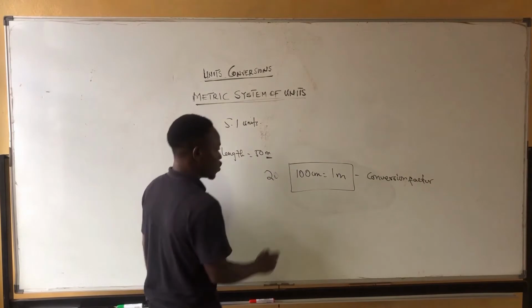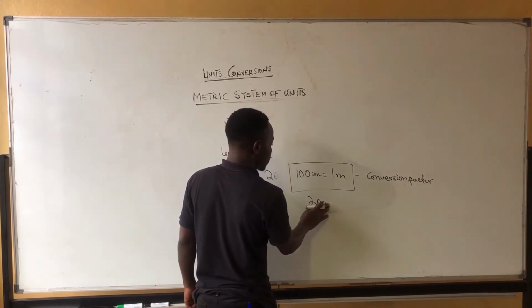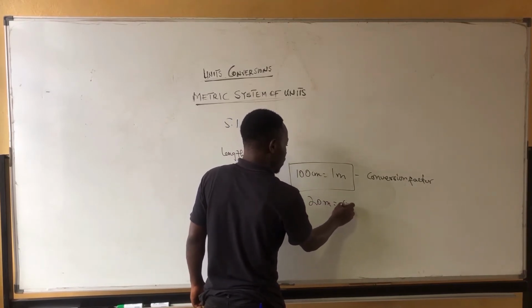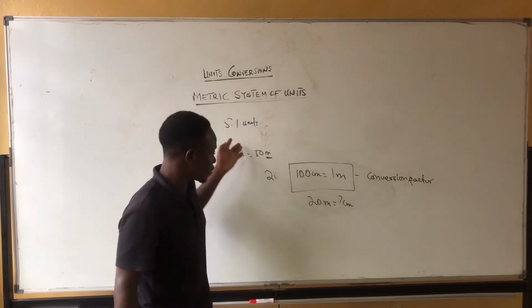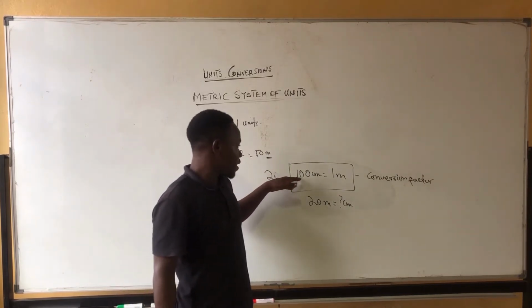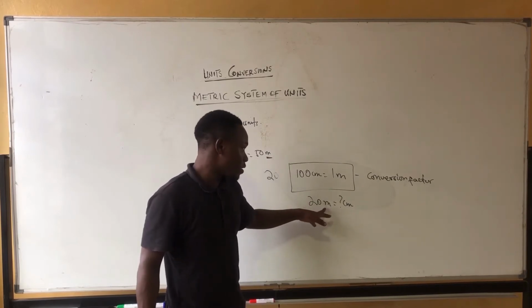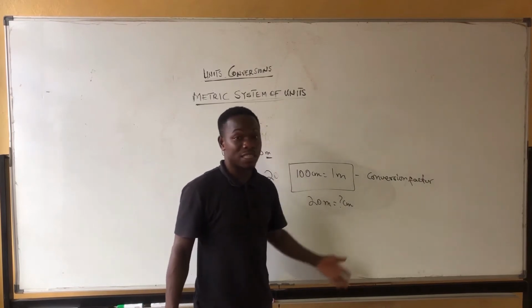For example, if I ask you to convert 20 meters into centimeters, because you know this conversion factor, you ask yourself, how many centimeters make 1 meter? 1 meter equals 100 centimeters, so if I have 20 meters, it should give me more centimeters.